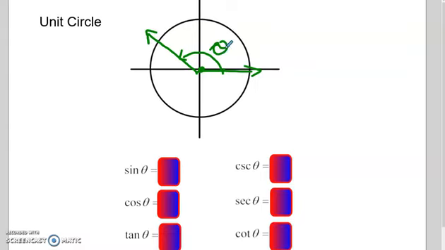And so this is an extension. So most of the angles you've been dealing with up to this point have been just acute angles. So this is an extension that was done in the 17th, 16th centuries.